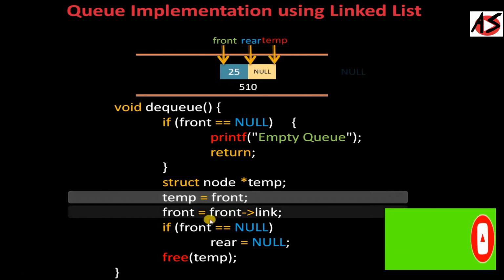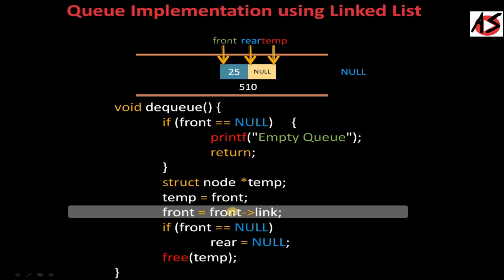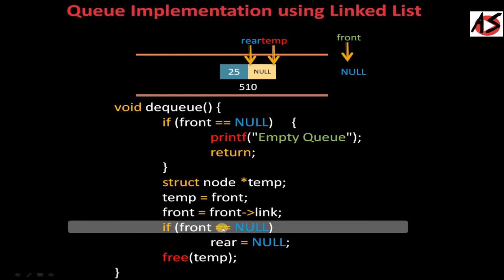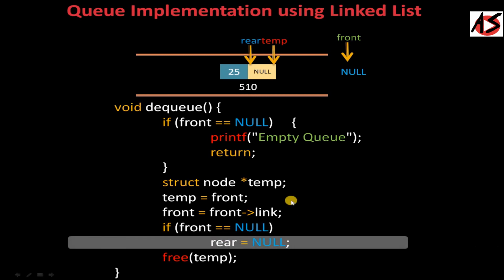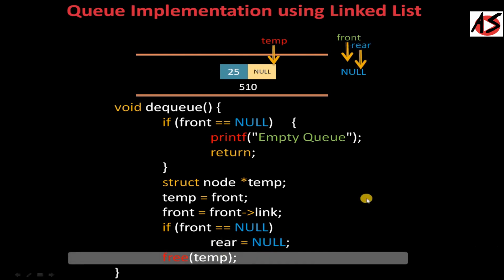Then you update front to front link. The front link is null here, so now you update the front address to null and check the condition front is equal to null. Yes, this is true now, so you also set rear is equal to null. You update your rear to null here. Then you free the temp node, releasing the memory.